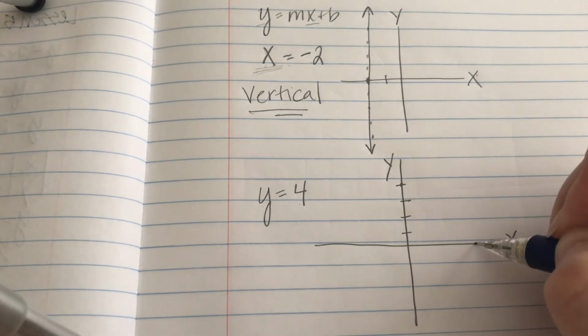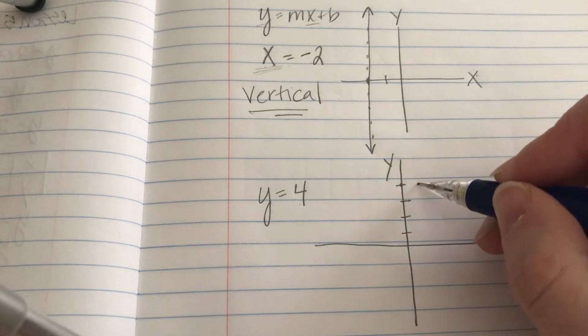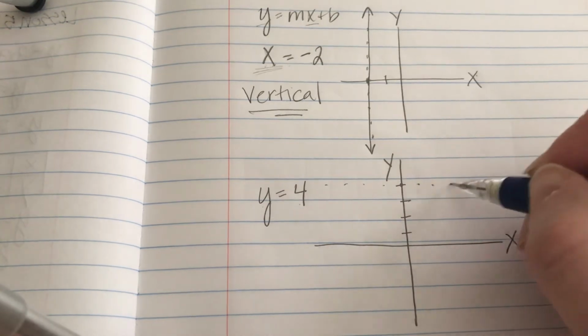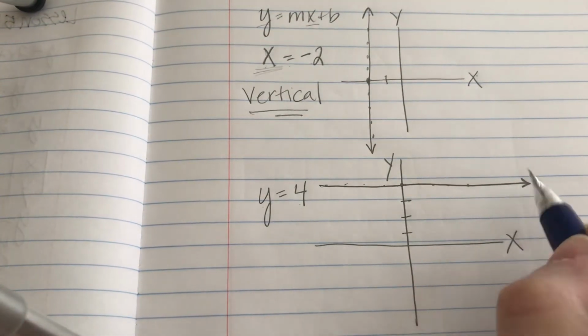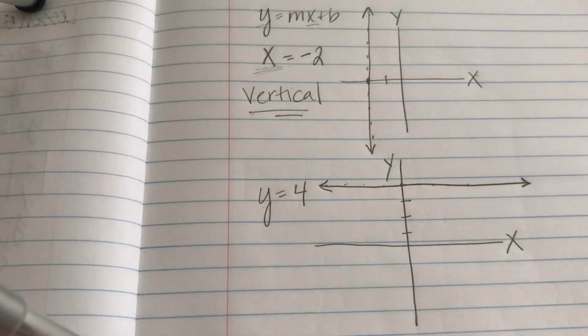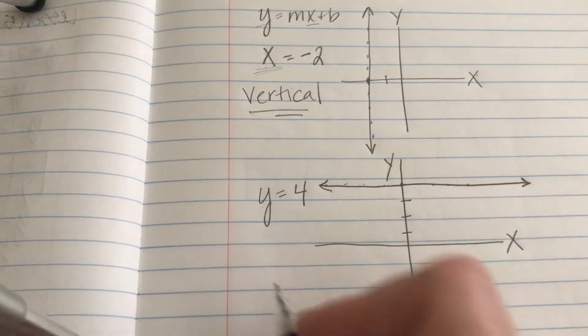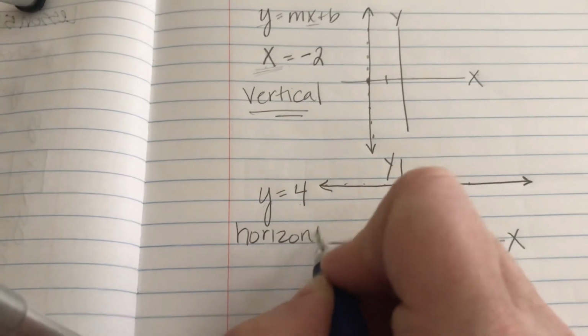So even if x were 5, y is still going to be 4. Even if x were 1 or whatever it is, no matter what x is, y is always going to be 4. So I'm going to draw a solid line on y equaling 4. And so anytime you have y just set equal to something without x's involved, it's a horizontal line.